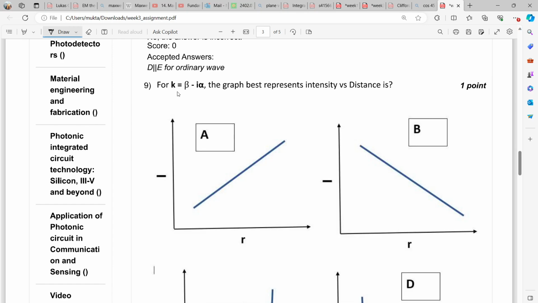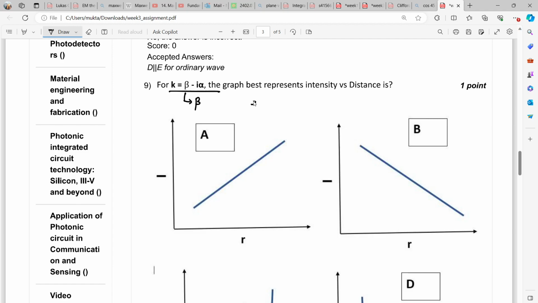So now they have given us the propagation constant k equal to beta minus i alpha. The graph that best represents intensity versus distance is? So right. The real part of the propagation constant basically tells us the oscillating part.